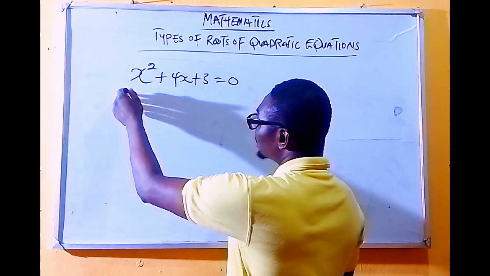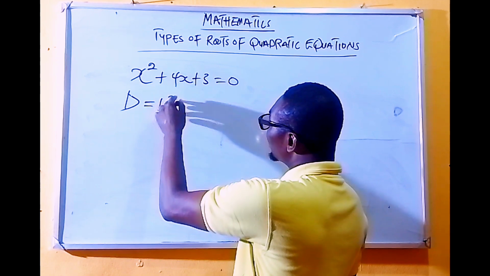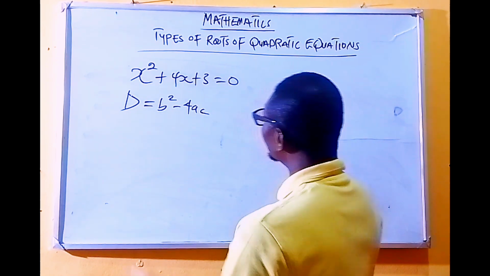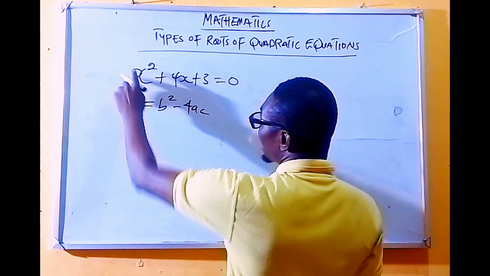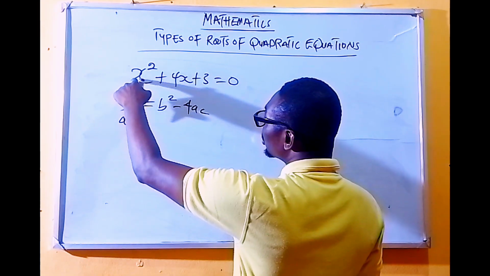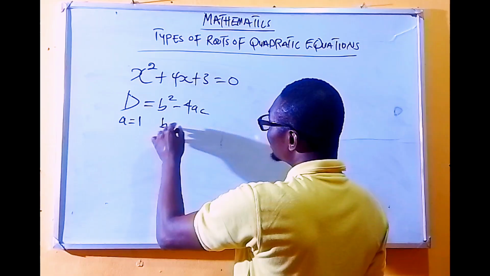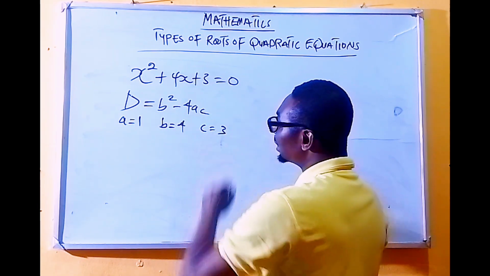So the discriminant is equal to b squared minus 4ac. From the quadratic equation given, our a, the coefficient of x squared, is 1, our b is 4, then our c is 3.